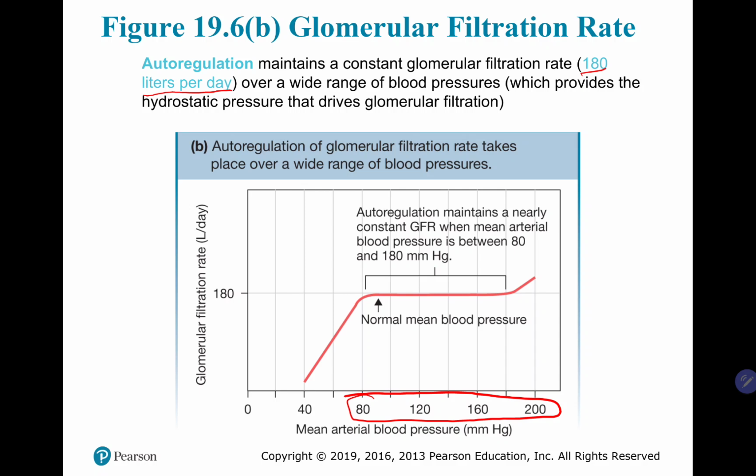And these blood pressures, essentially hydrostatic pressure, is going to drive glomerular filtration rate. So even if your mean arterial blood pressure is 80, 120, 160 or so, that blood pressure is high, which means your glomerular filtration rate would be high. Your body is able to auto-regulate itself and maintain a constant glomerular filtration rate of 180 liters per day, okay?